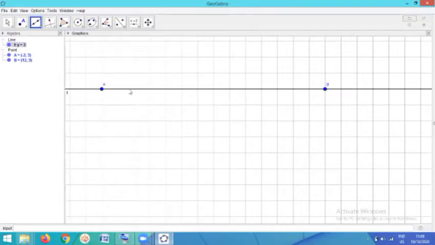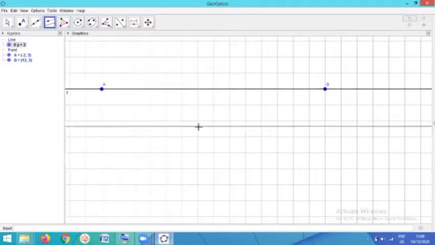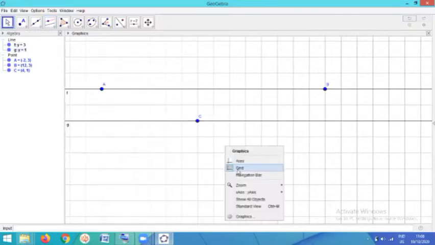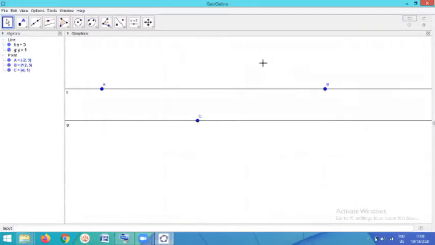And then we click parallel line in the menu perpendicular line, and we click the straight line first and we click the desired position. So we remove the grid in GeoGebra so that it forms two parallel lines in GeoGebra.